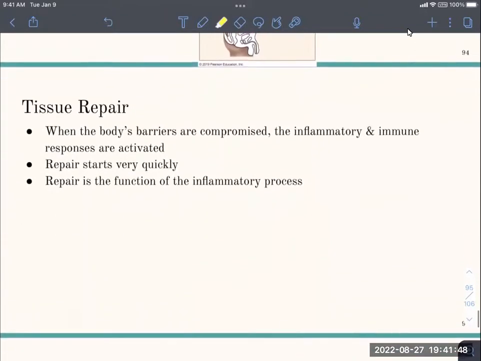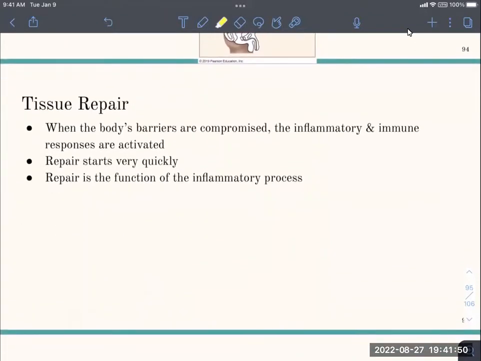Let's quickly look at how tissue repairs next. When the body's barriers are compromised, the inflammatory and immune responses are activated very quickly. So this happens when anything happens that invades the system.